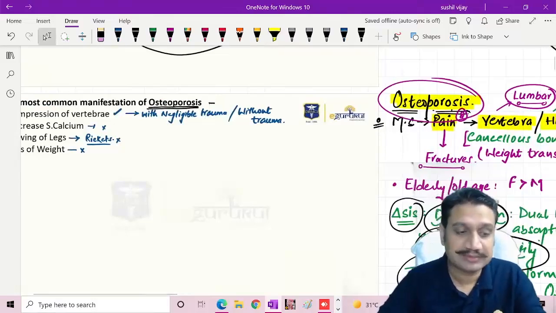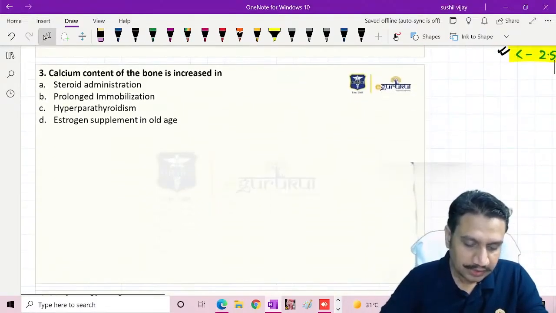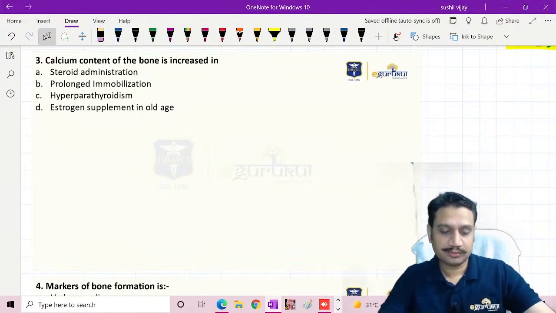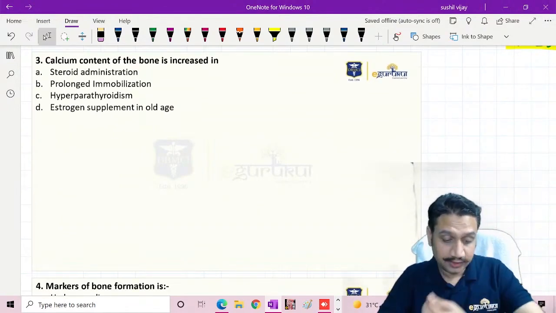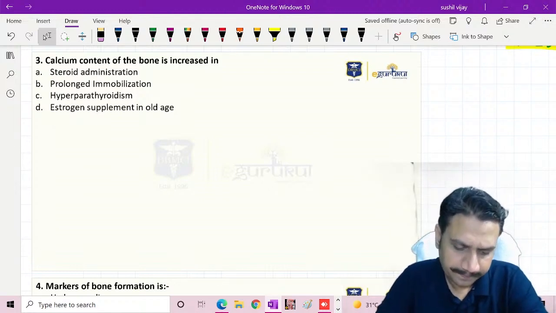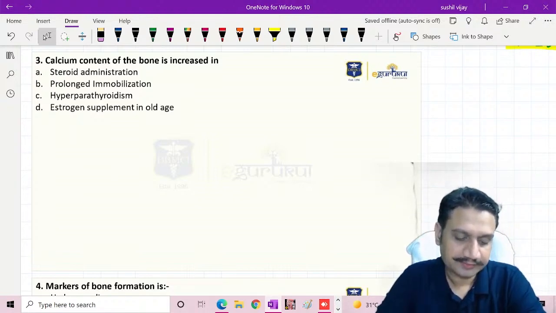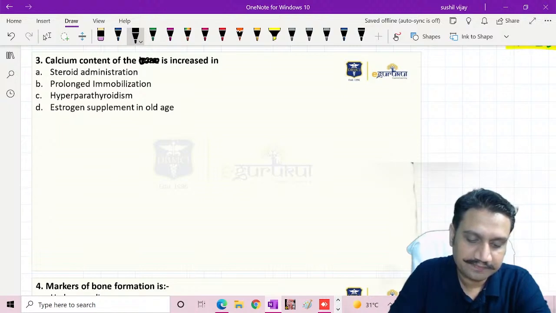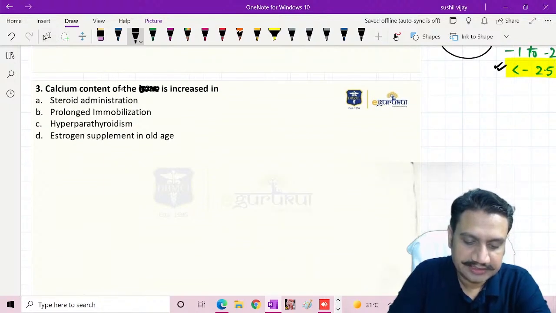So question number 2 is about osteoporosis. Now I hope we are good with the second question. Let's talk about the third one. Calcium content of the bone. Basically it should not be calcium content of the bone, it is actually calcium content only.